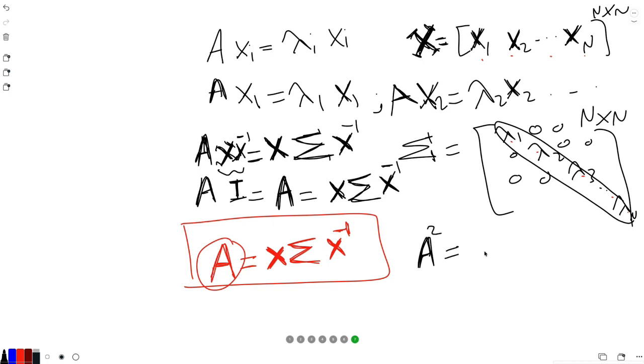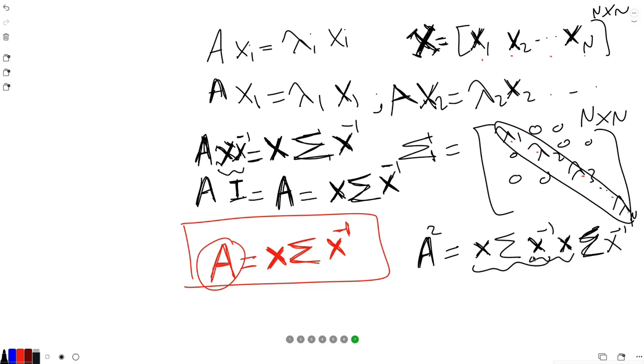It will be X times the diagonal Z times X inverse times the same, because it is square, so it is A times A. It will be again X times Z times X inverse.